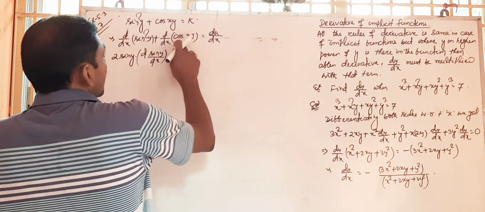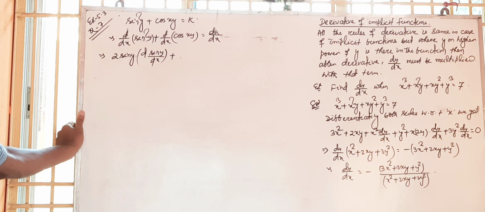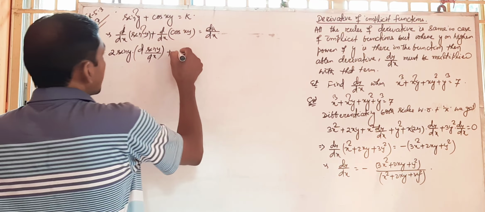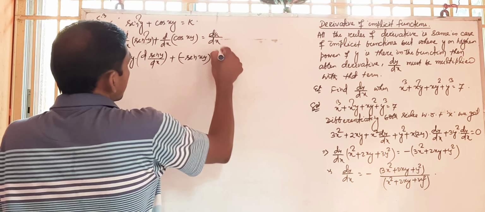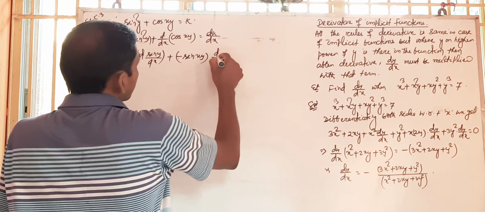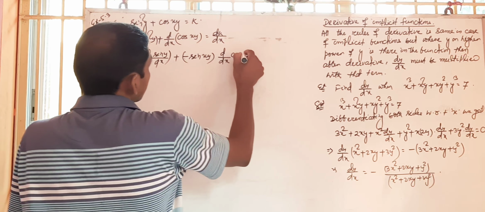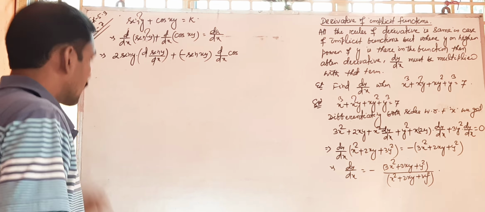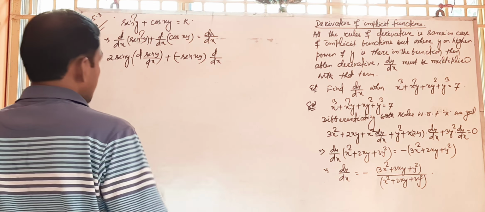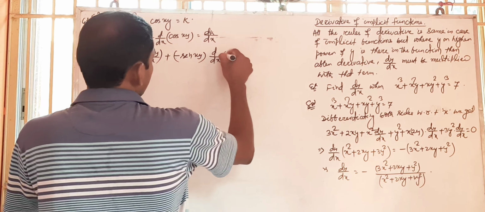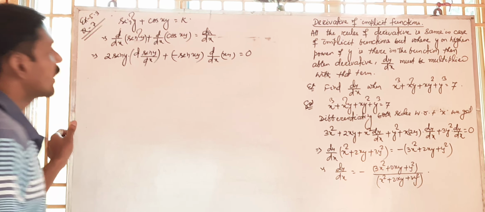Plus, here it is in the form of cos theta, and the derivative of cos theta is minus sin theta, so you can write minus sin xy into d by dx of xy equal to 0, as the right hand side is 0.